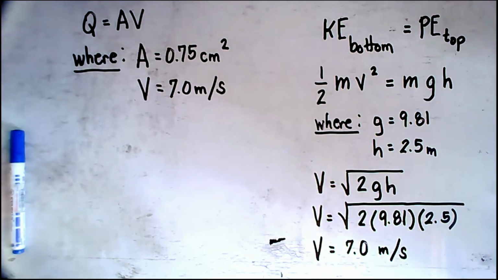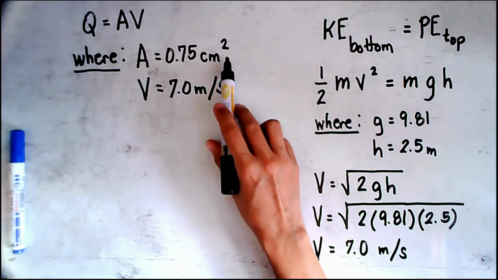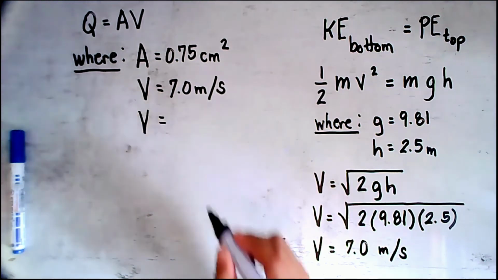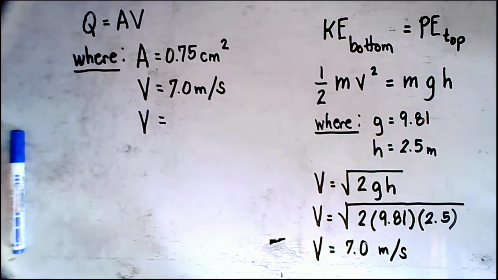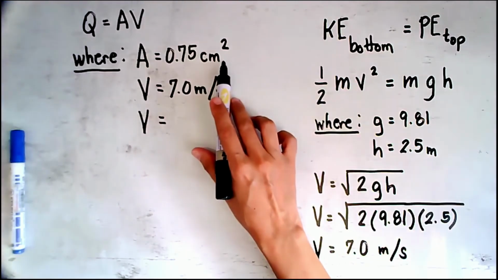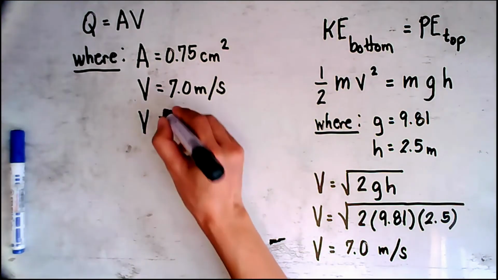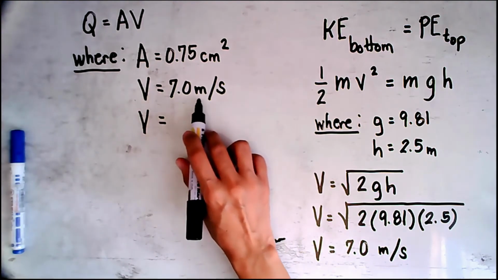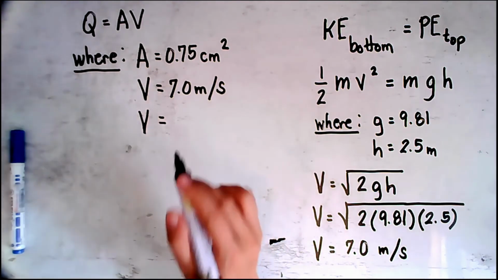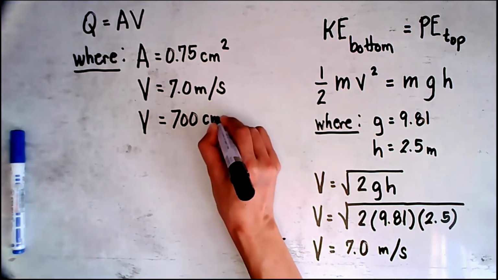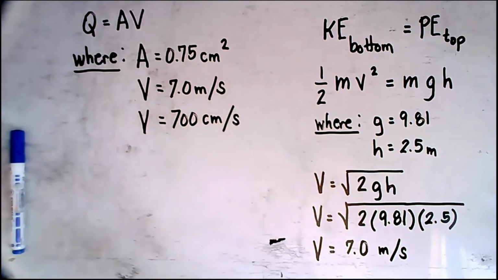The technique here is that we have to be consistent with the use of units. Since the area is in square centimeters, we might as well express the velocity in centimeters per second. Or you can convert 0.75 square centimeter into square meter. So we convert 7 meters per second into centimeters per second, which is equivalent to 700 centimeters per second.